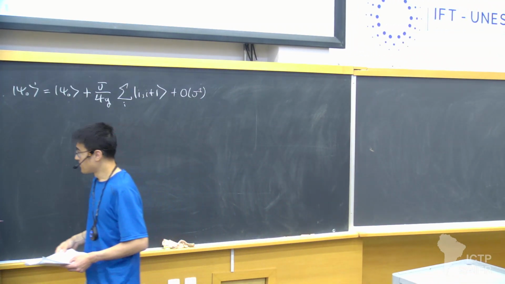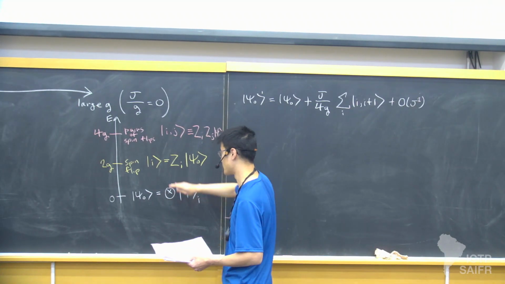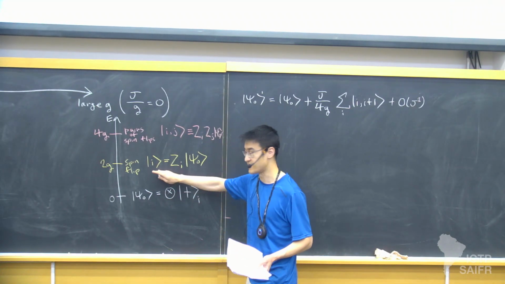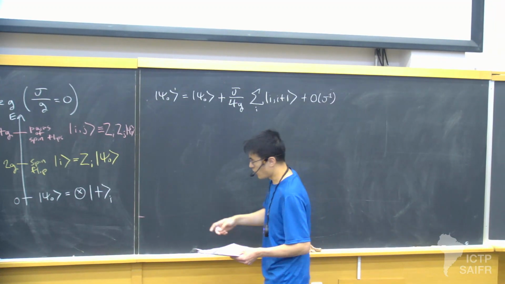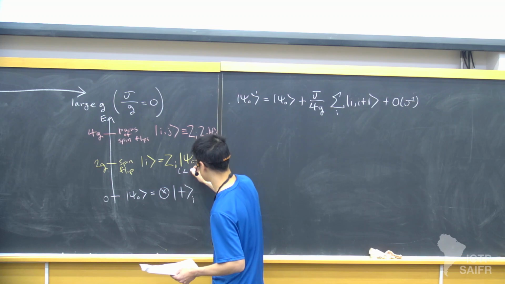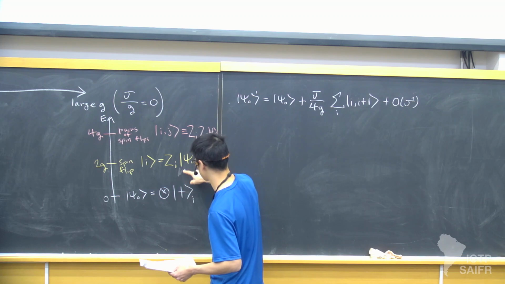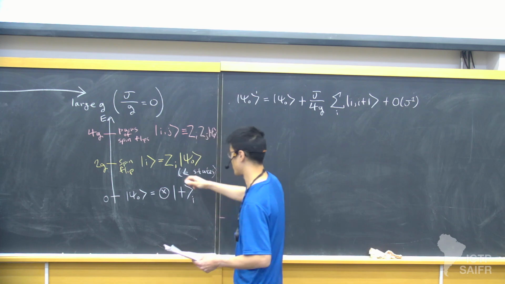Okay, that's what happens to the ground state. What about these first excited states? Recall that here there are L of them, L states.